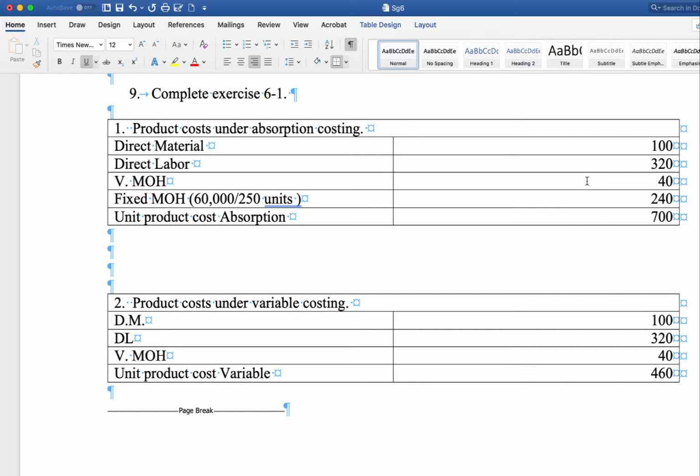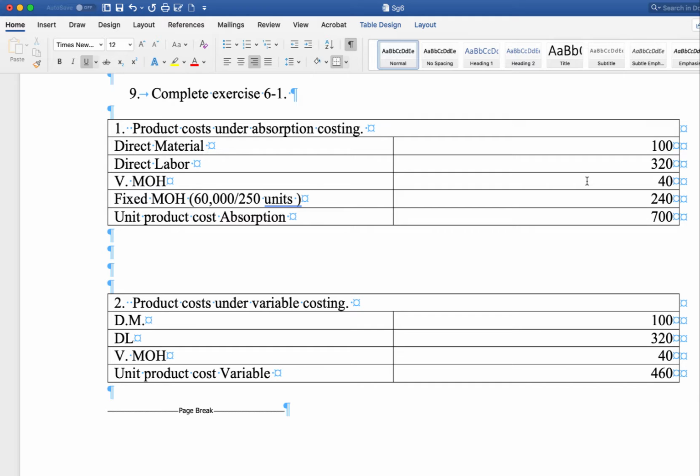So under the variable costing method, the unit product cost per unit is $460. That's a difference of $240, right? $700 unit product cost under absorption minus $460 under the variable method gives us $240. We already know under the absorption method that $240 of unit product cost is sitting on the balance sheet, and we only recognize it when we sell that unit.